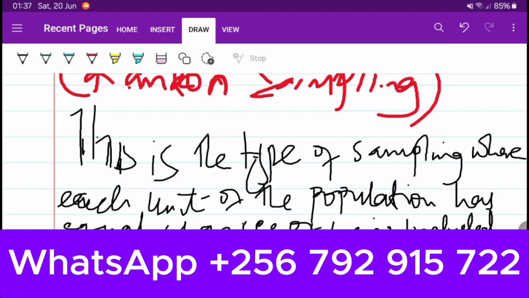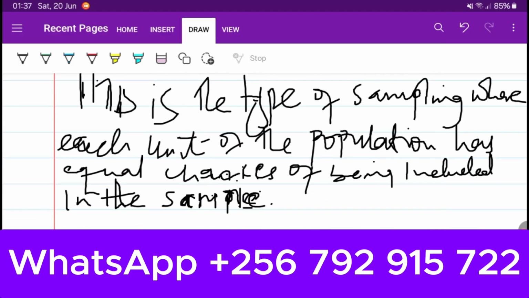So random sampling, or what we call probability sampling, is the type of sampling where each unit of the population has equal chances of being selected.